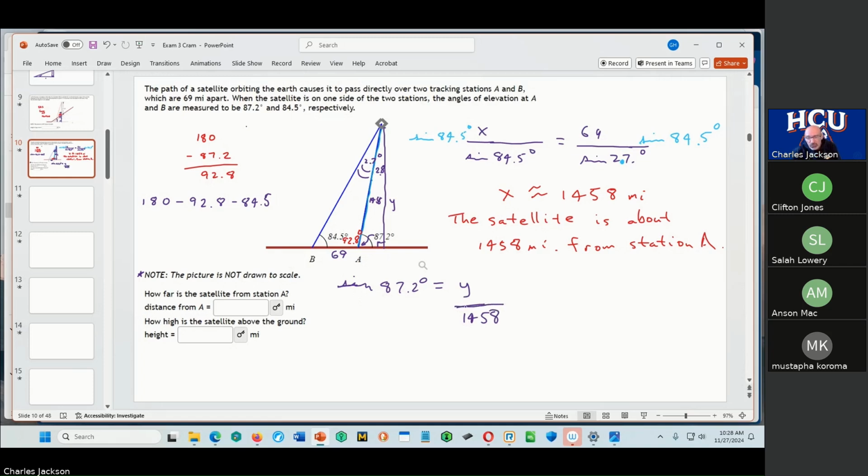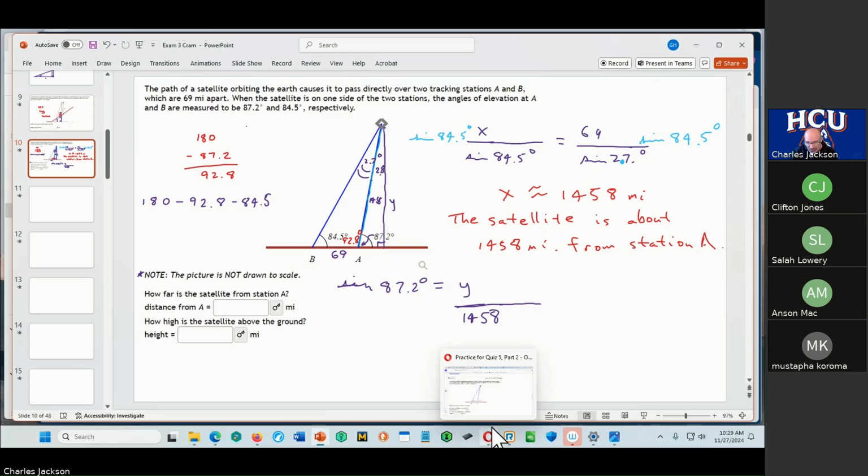So that one, once you do the first problem, you'd probably want to keep a lot of accuracy. I think, because of the final, for me, 1458 is close enough.